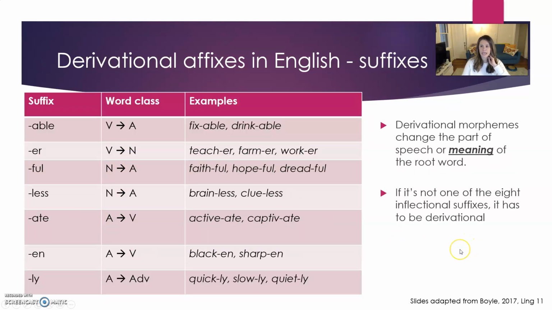So here's just a handful of derivational suffixes. So remember that derivational morphemes change the part of speech or the meaning of the root word, right? And if it's not one of those 8 inflectional affixes, it has to be derivational. So here are some examples.